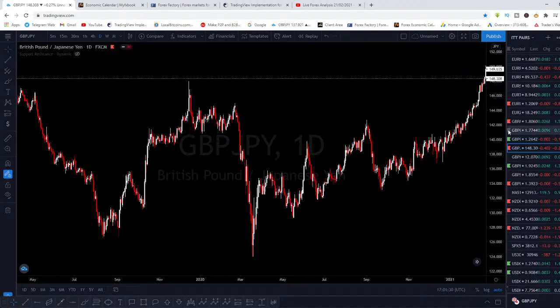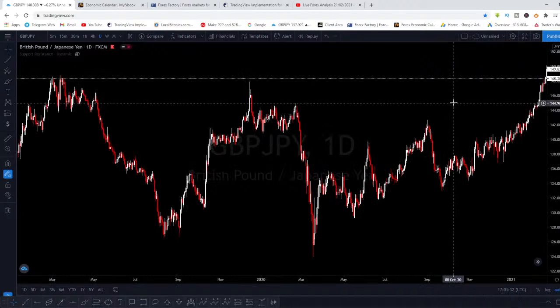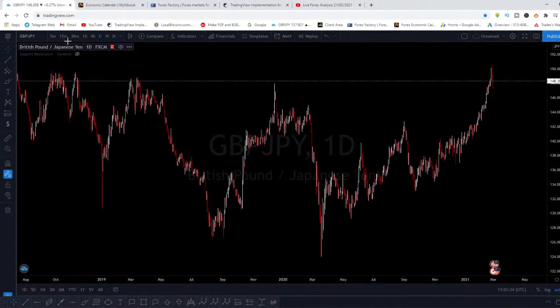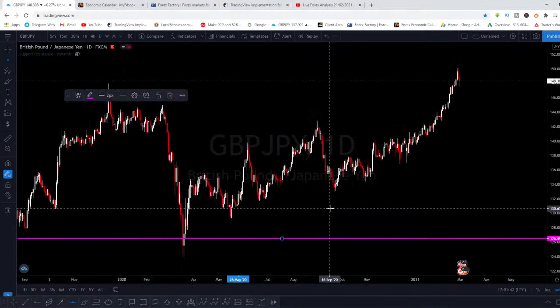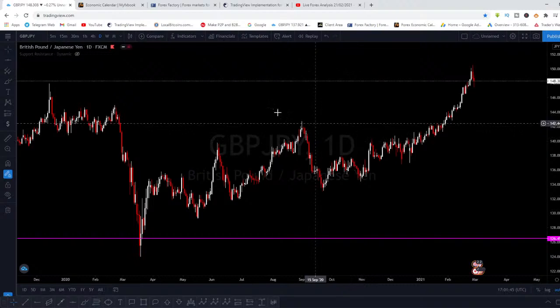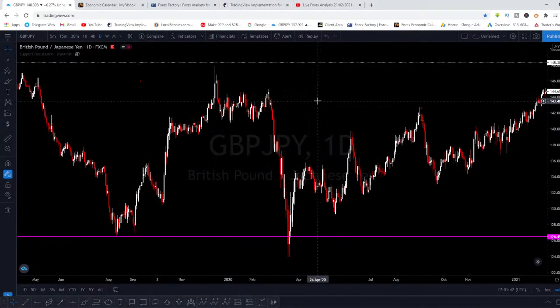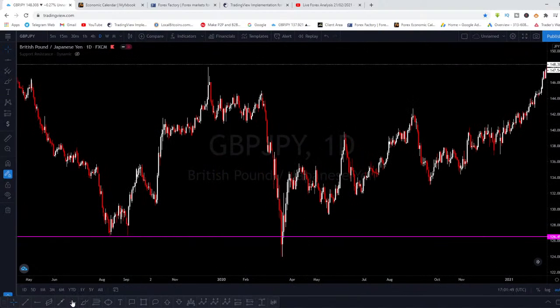This is the daily time frame on GBP JPY. So now I'll try to mark out all of this so that you can understand what exactly is going to happen on GBP JPY, right? Hopefully you guys can hear what I'm saying.